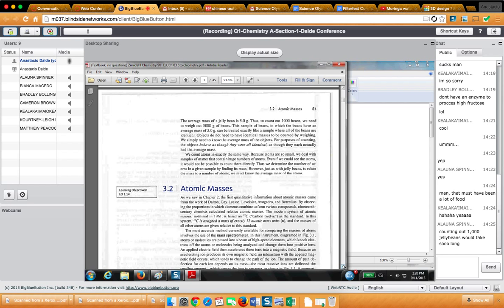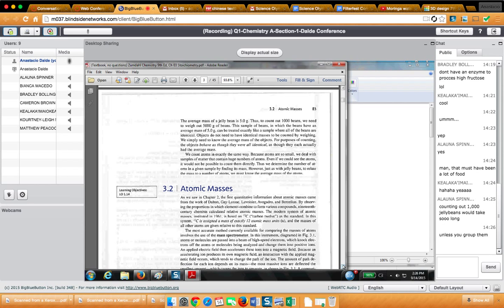We're dealing with really, well, I'm getting to that grouping part in just a second, but first of all, we don't really want to deal with actually counting them. First of all, you can't even count them. I mean, we have microscopes now that you can actually count them, but it wouldn't be as easy as counting jelly beans. It'd be counting little dots on an electron microscope or whatever.